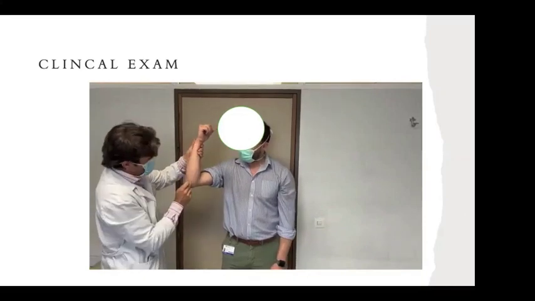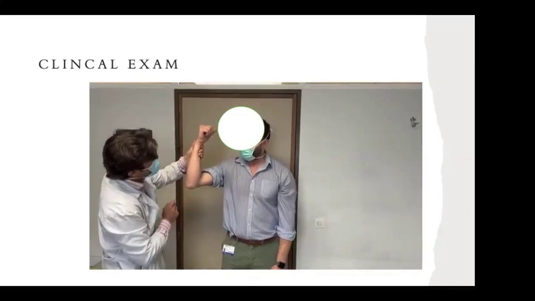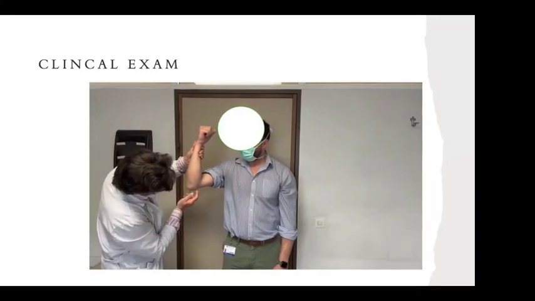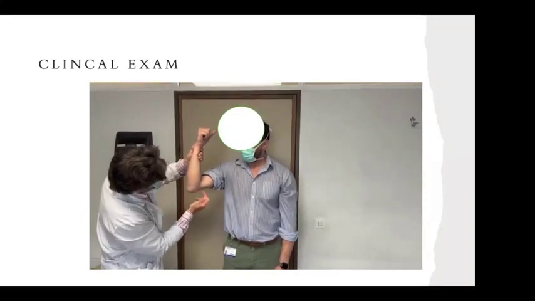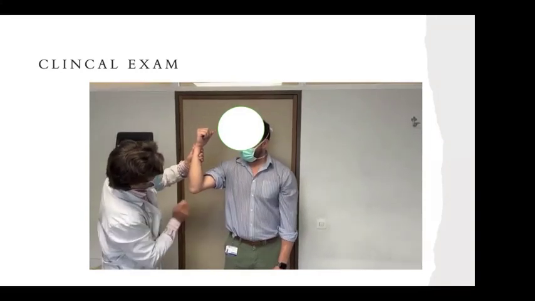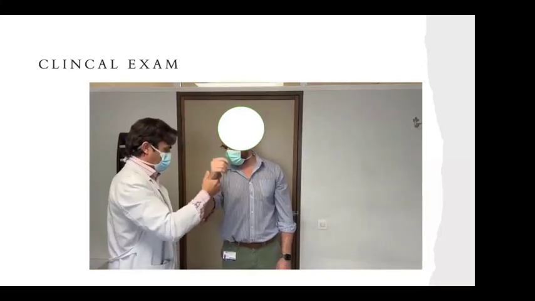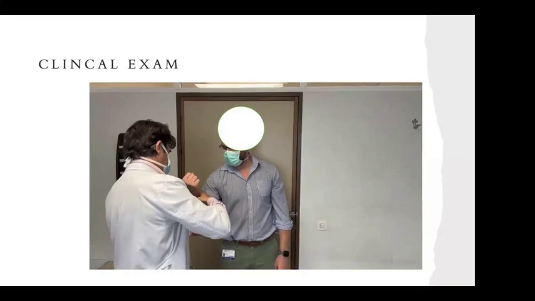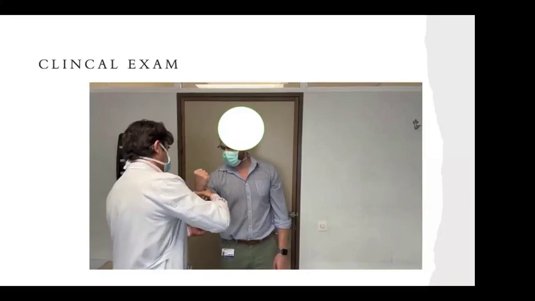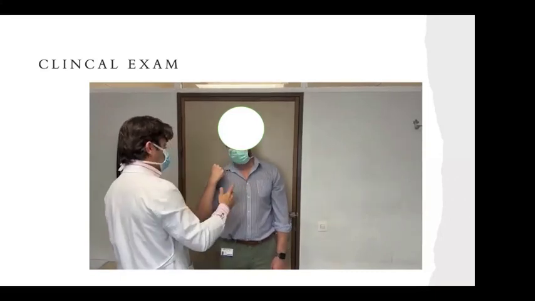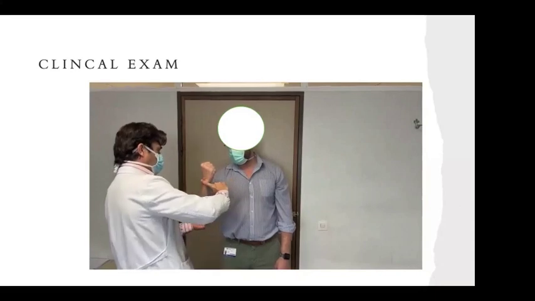And when we assess the Tinel sign, we go from distal to proximal, and this patient has a very, very positive Tinel sign over the medial epicondyle, as you can see here. And it's important to document this. And now we're loading the joint with resisted flexion, unresisted extension.